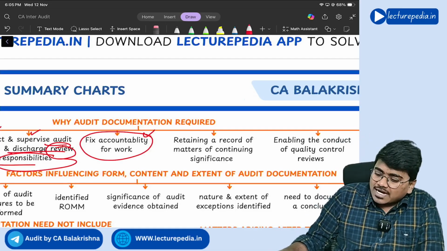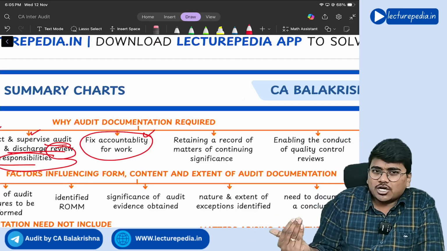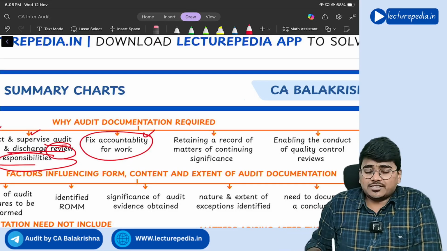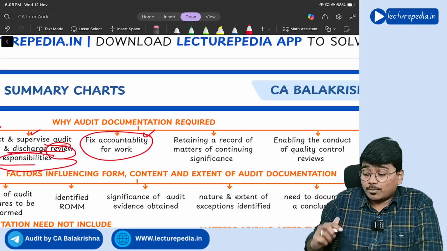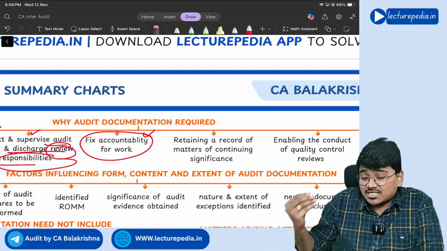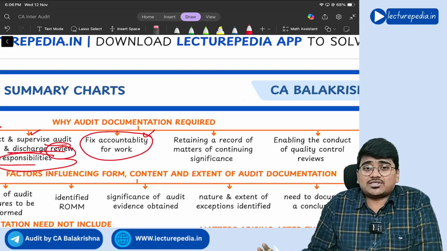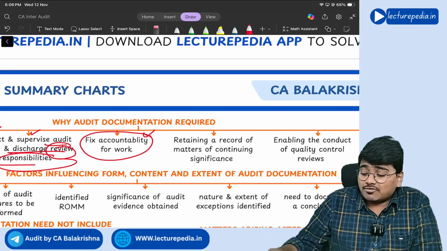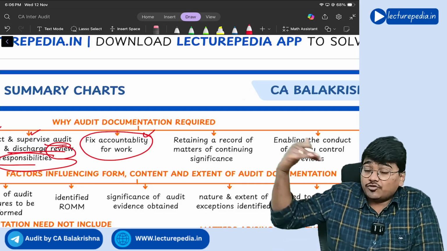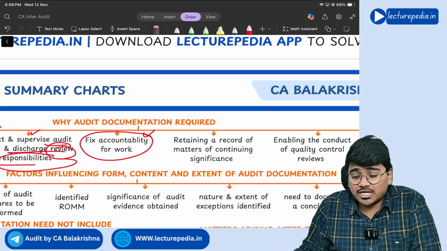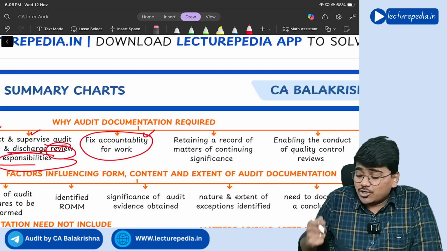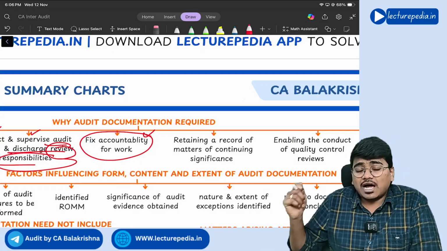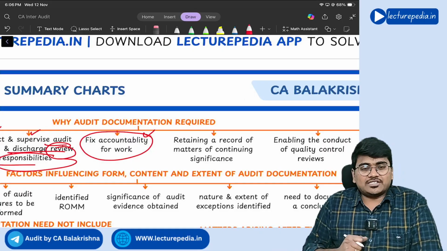Yes. Next, audit documentation also will help to fix accountability for the work. So once the article assistant has obtained the evidence, he will sign it to show that he has performed this work. So by signing, you are fixing the responsibility on that person who is signing it, to ensure that whatever work he has performed is correct. In future, if any mistakes are found in his work, you will be able to identify who performed that work, and you can ask the person to rectify it, correct or not?